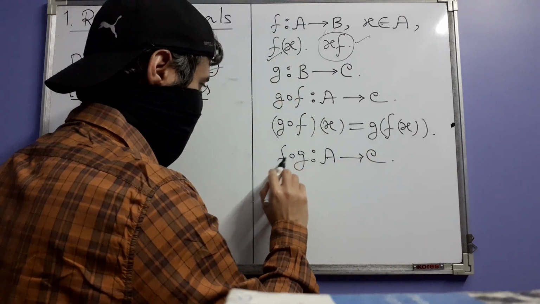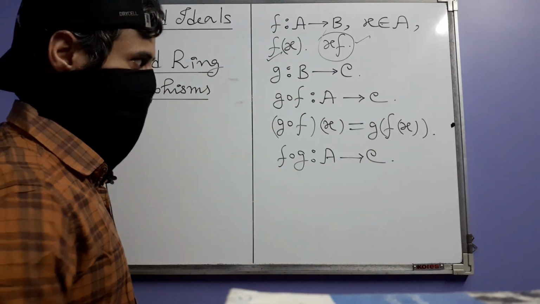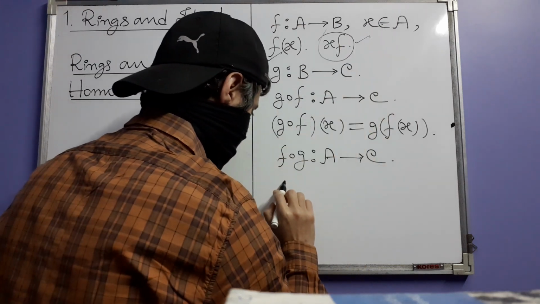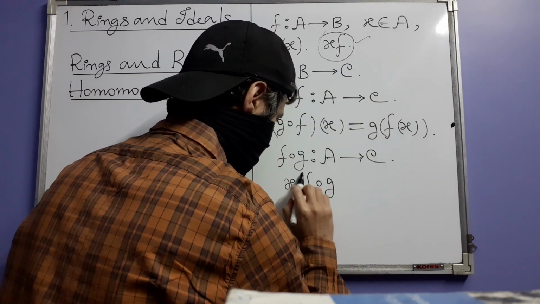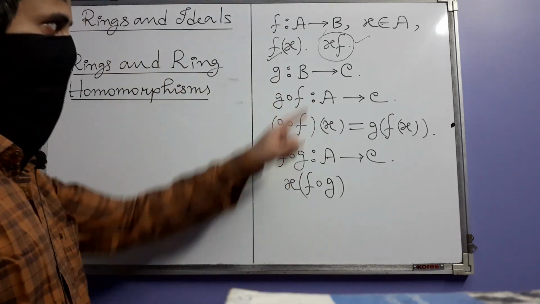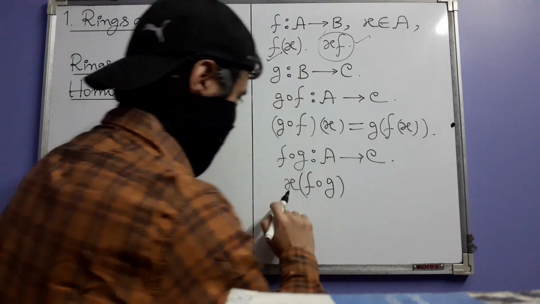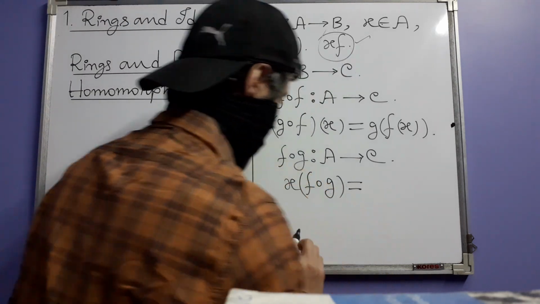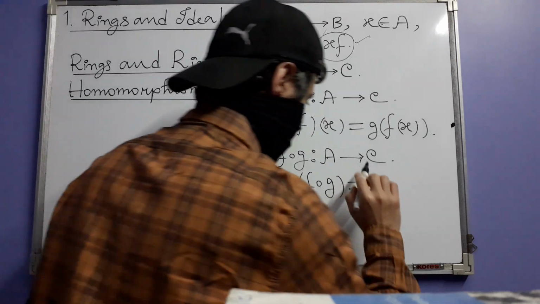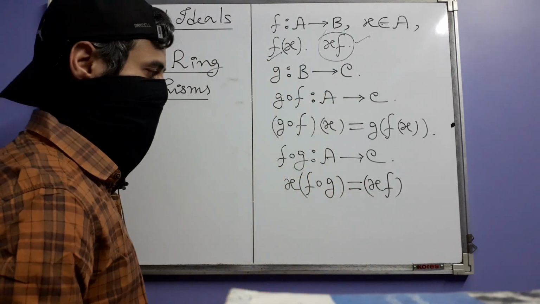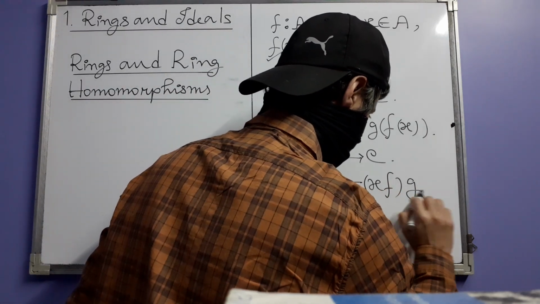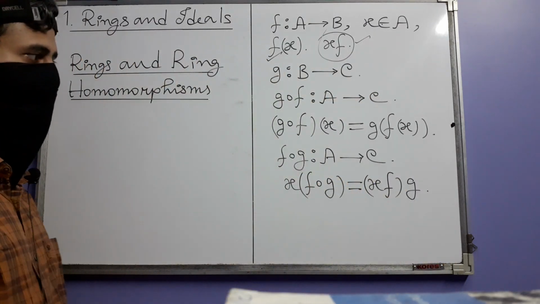Because if you apply f composition g on an x coming from A, then since you are writing mappings on the right in that notation, it makes sense, because now we are applying f to x first and then to the image we are applying g.